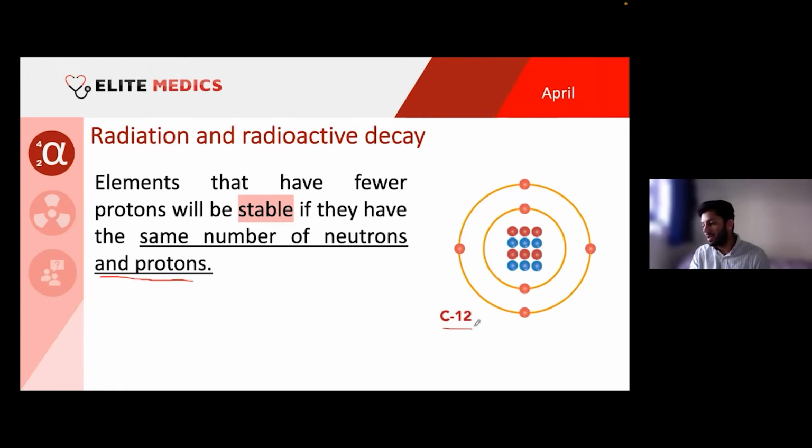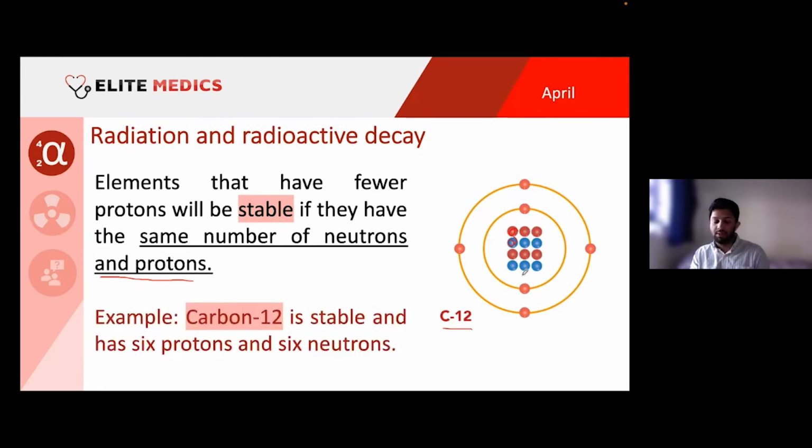I'm going to say that these red ones are neutrons, the blue ones are protons. So you can see that carbon-12 has 1, 2, 3, 4, 5, 6 neutrons and 6 protons. And therefore this would make it stable because 1, it's a small atom with only 6 protons, and 2, the number of protons and the number of neutrons match.